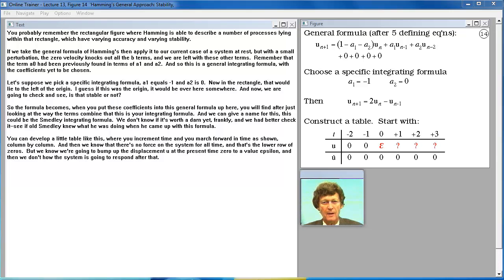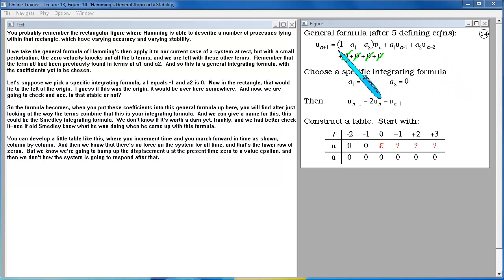You probably remember the rectangular figure where Hamming is able to describe a number of processes lying within that rectangle, which have varying accuracy and varying stability. If we take the general formula of Hamming and then apply it to our current case of a system at rest but with a small perturbation, the zero velocity knocks out all the B terms, and we're left with these other terms.